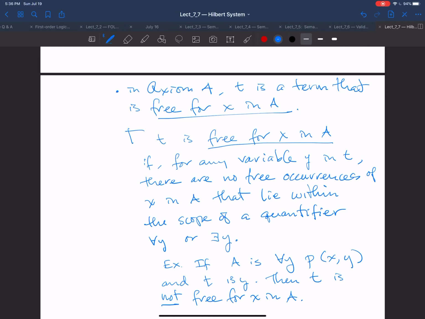However, in this case, if you substitute y for x, then the corresponding occurrence of y is going to be bound by that quantifier, whereas this x was a free variable.